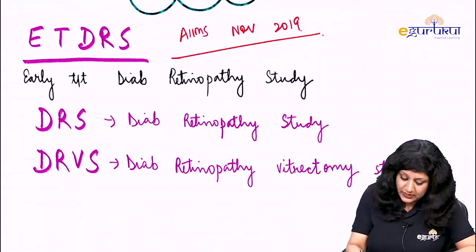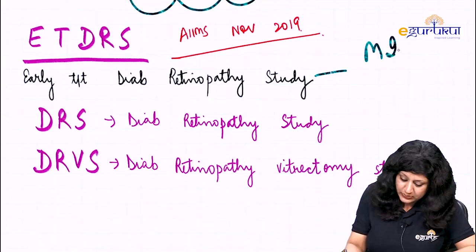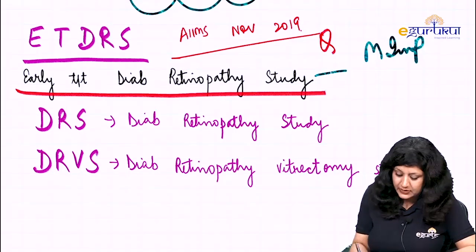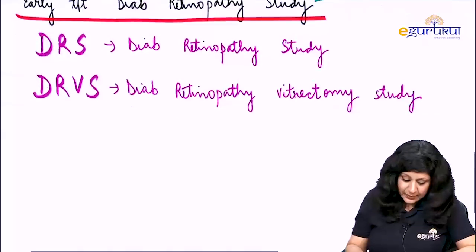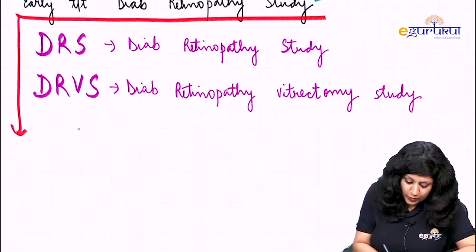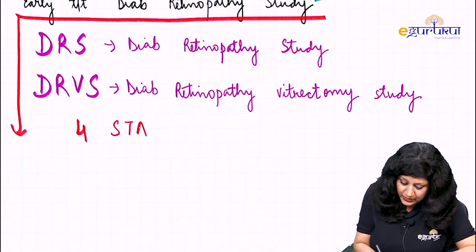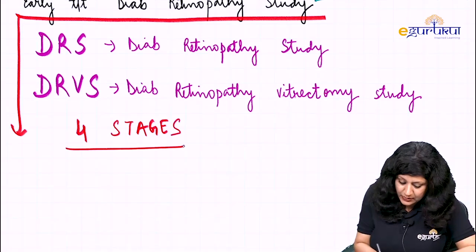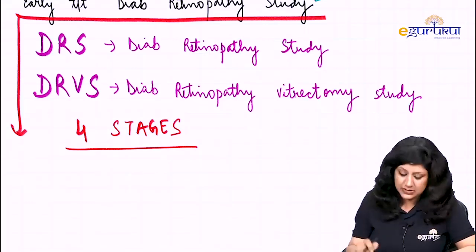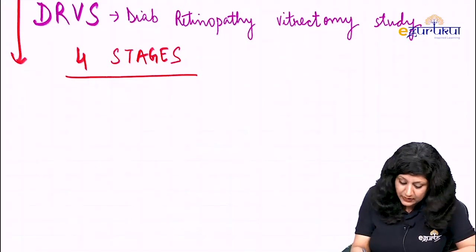these, this one is actually the most important. The most important is the Early Treatment Diabetic Retinopathy Study, and based on this we have got 4 stages of diabetic retinopathy. So let's begin with the first one.